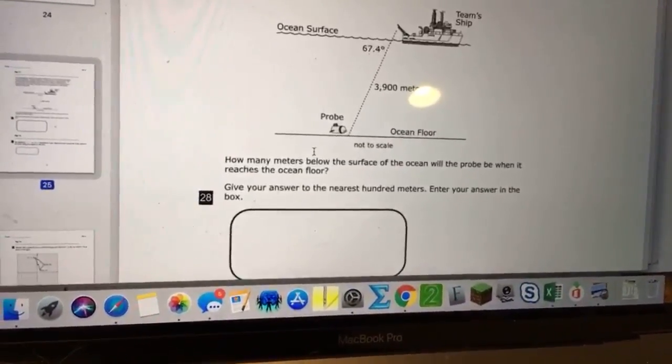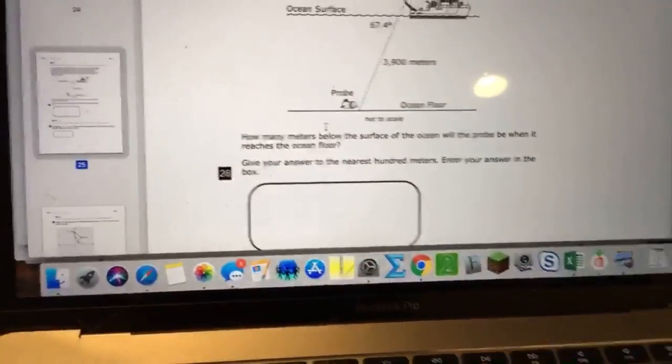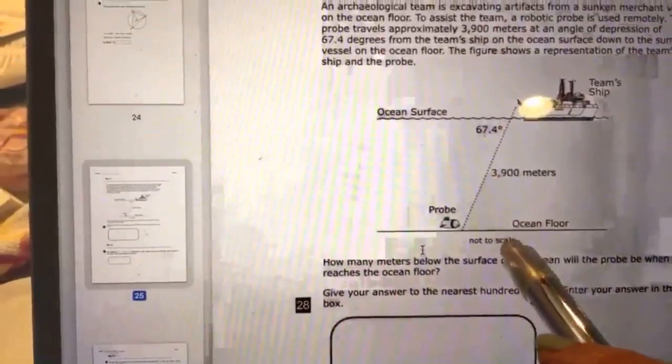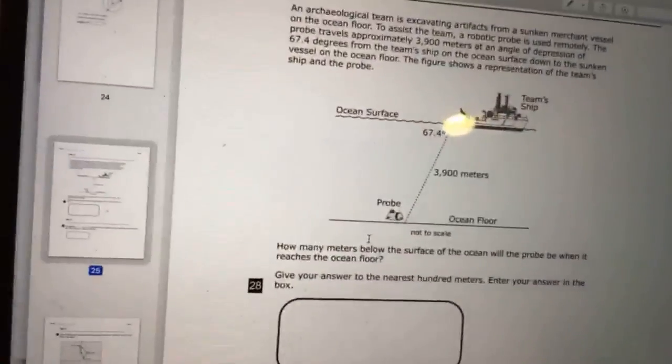Okay, so what they want to know is this distance. They want that vertical distance.